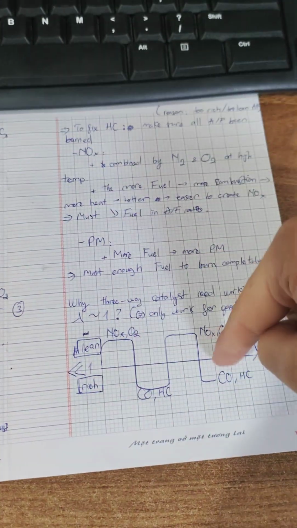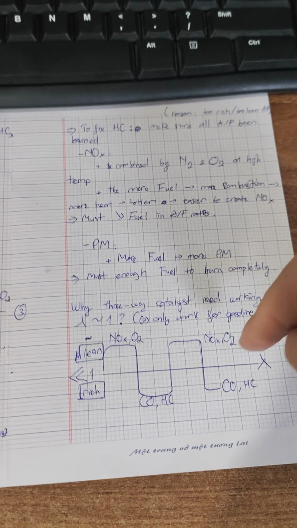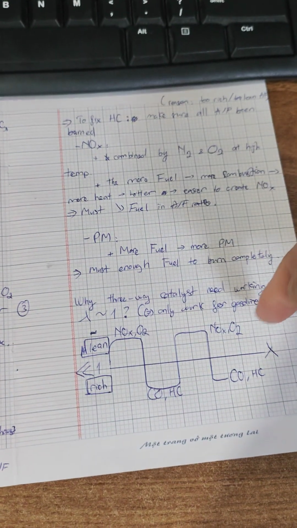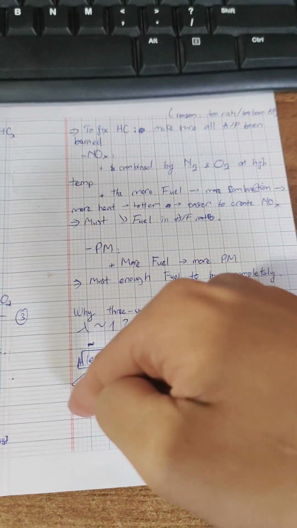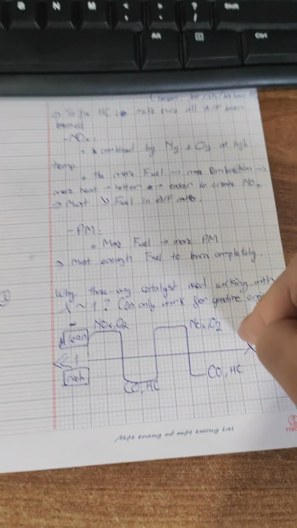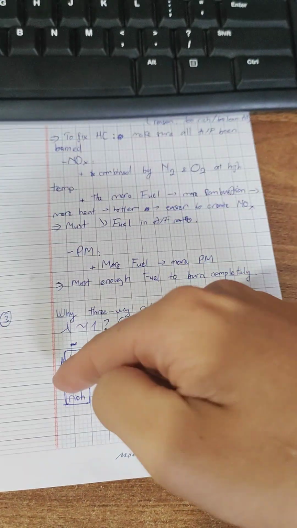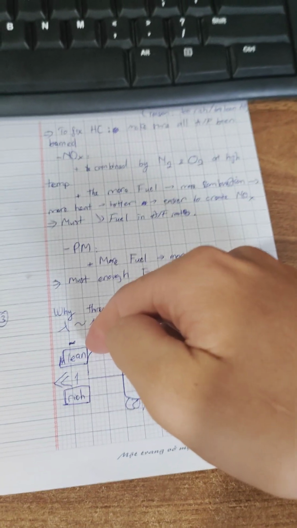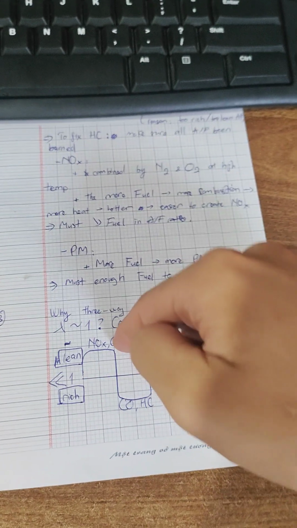So through this graph we can say that above the line is lean mixture, the below part is rich mixture. What does this mean? It means that when the engine is running, there will be times when it has lean mixture, meaning less fuel and more oxygen.